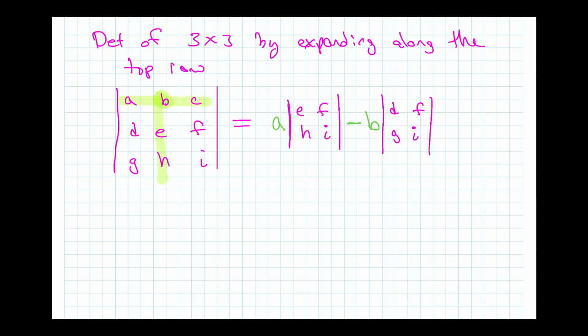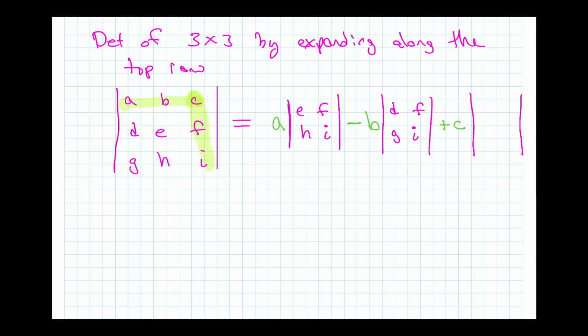Then you do the same thing for the C. Cross out the row and the column, and you'll have plus C, like that.